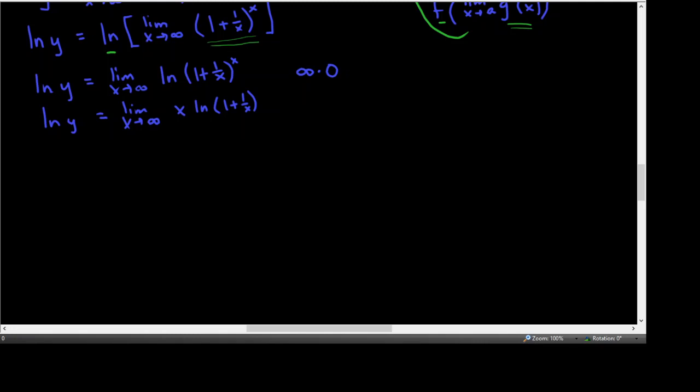Now, the next thing, and this is what you'll do with indeterminate forms like infinity times 0, that's a product, is that we're going to rewrite that product as a quotient, as a division problem. And we have to choose one of those two to move into the denominator of a fraction. So the easier one is the x.